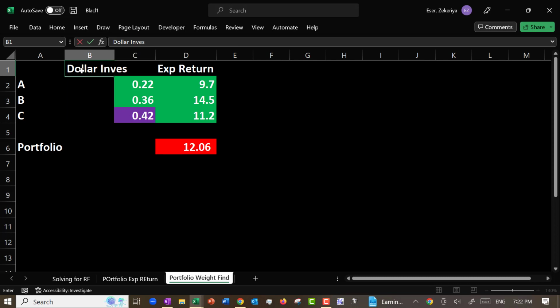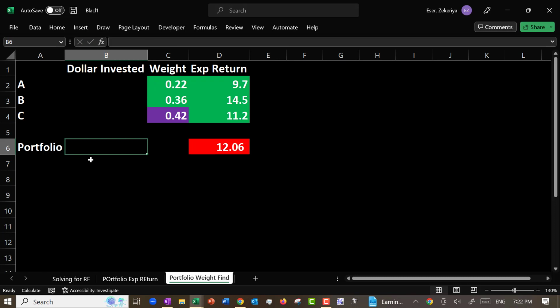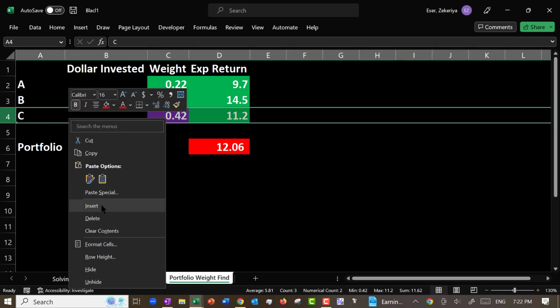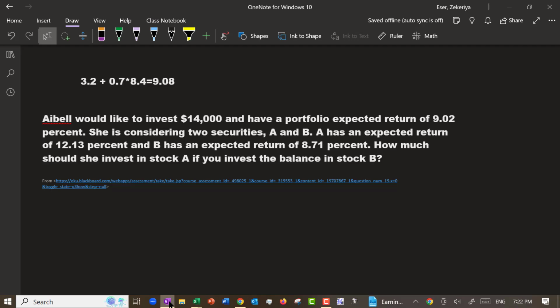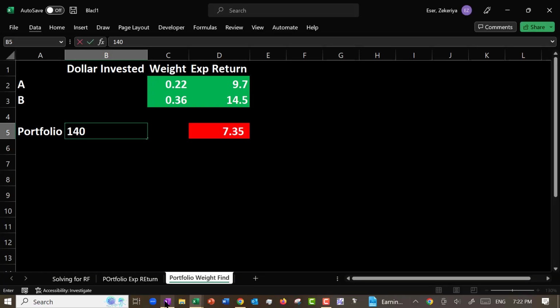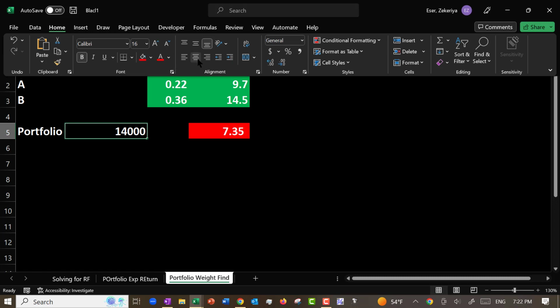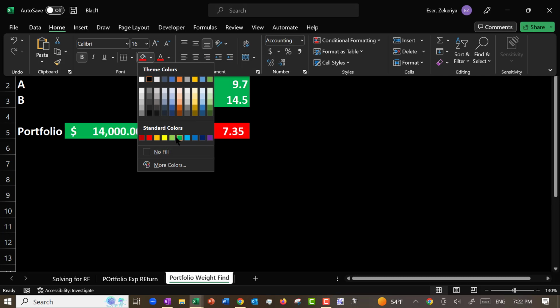Dollar invested, and I know my portfolio. I know my portfolio is going to be $14,000. I know that's an input.